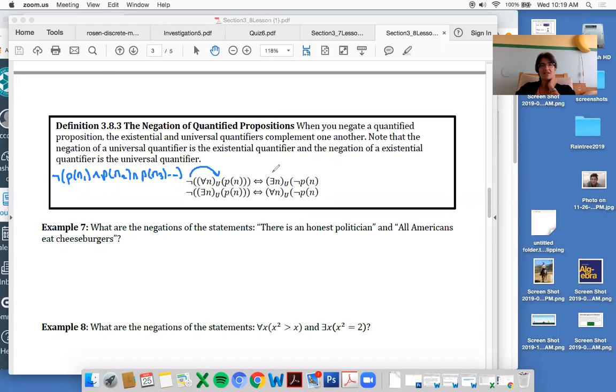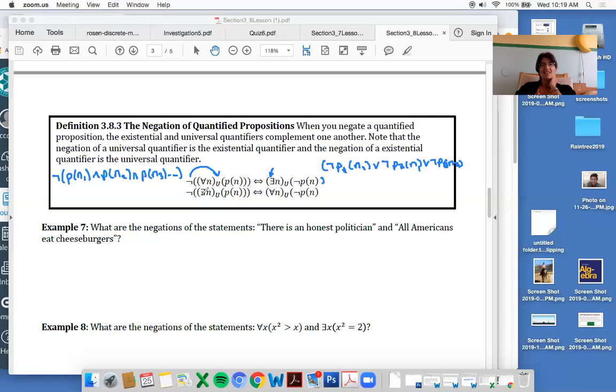So this is why it turns into an existential: it's not going to be true for n1, or it's not going to be true for n2, or it's not going to be true for n3. Sorry, the indexes should be on the n. So universal changes to existential of the negation of the proposition.